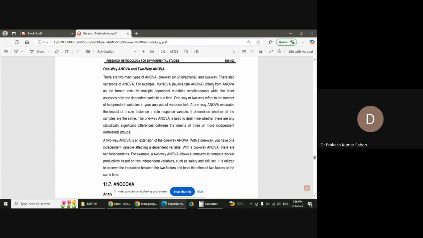There are variations of ANOVA, for example, multivariate ANOVA, MANOVA, which differs from ANOVA as the former tests for multiple dependent variables simultaneously, while the latter assesses only one dependent variable at a time.